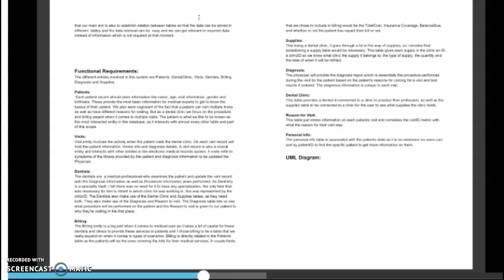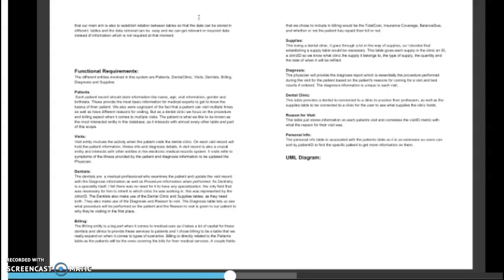This was really on the basis of providing basic information about a patient to the dentist. The visit was another big part of my database, which shows why they came in, diagnosis details, and a lot of symptoms and reasons why they came in, which is another table that I implemented.